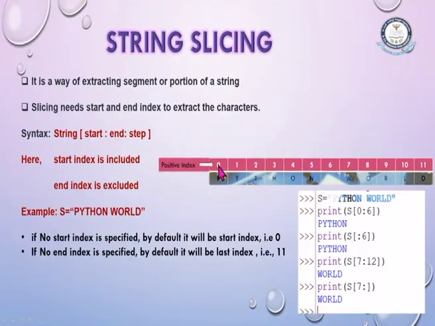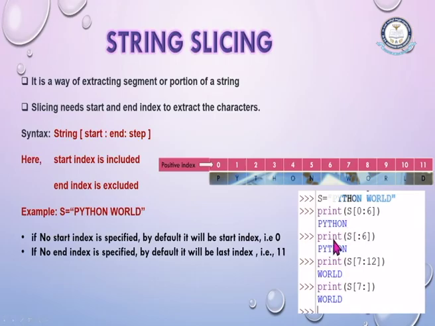So we are going to extract only the characters p, y, t, h, o, n, because it is 0 to end index minus 1. 0 is the start index and the end index is 6, but it is excluded. So from the 0th to the 5th index only we will get those characters, that is, Python.